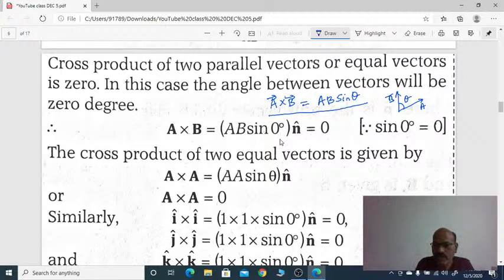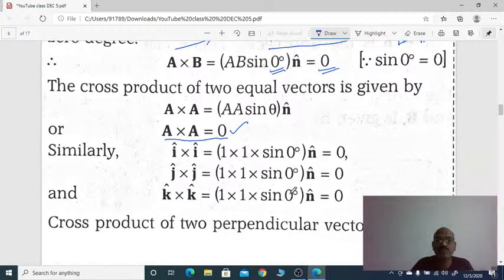The cross product of two parallel vectors. Suppose the two parallel vectors are A vector and B vector. Now the angle between them is 0, then sin 0 is 0. The cross product of two equal vectors is given by, see that, A cross A is 0. This is multiplication by cross product.